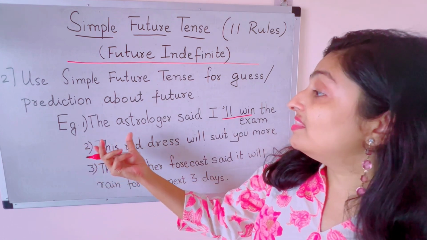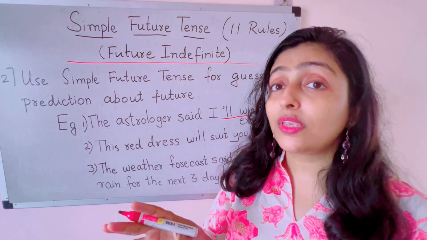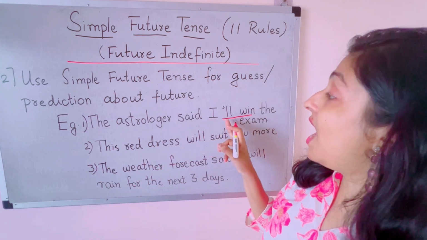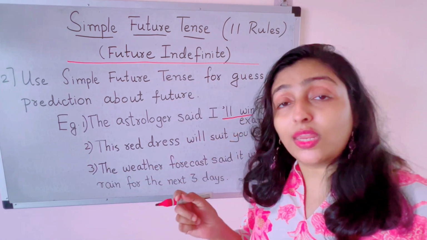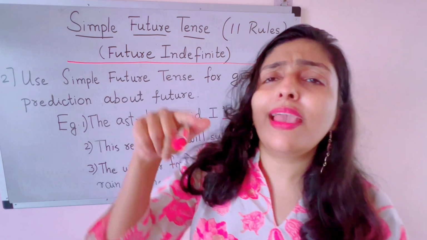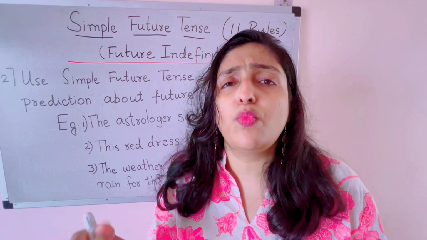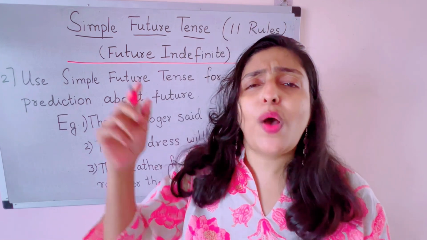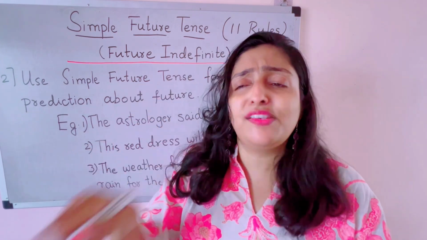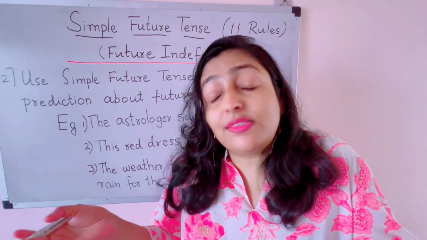Example 1. The astrologer said, I'll win the exam. So the verb here is I will win. Will win is the verb in future tense. So what happened the other day? I had an exam that was forthcoming and I wanted to know about the future. So I just took my phone, I installed the AstroTalk app, and I asked the astrologer, "Sir, will I succeed in the exam?